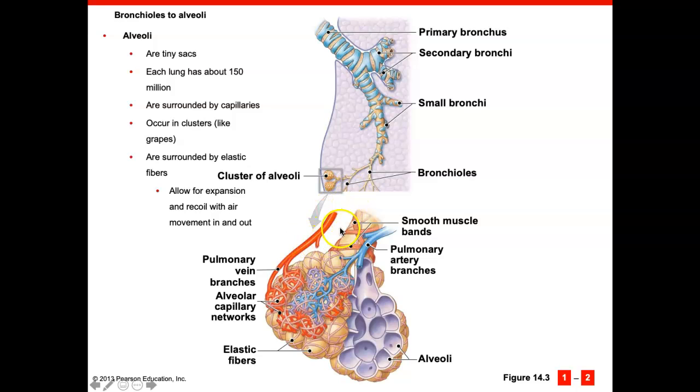So in this diagram here, you can see the pulmonary arteries are bringing the deoxygenated blood from the heart, from the right side of the heart to the lungs, and there's an exchange of gas, and the oxygenated blood will go back to the left side of the heart and finally to the systemic circuit into the whole body.